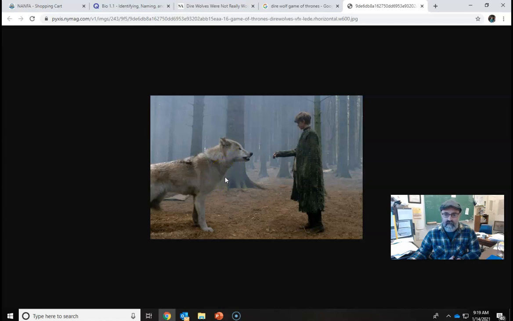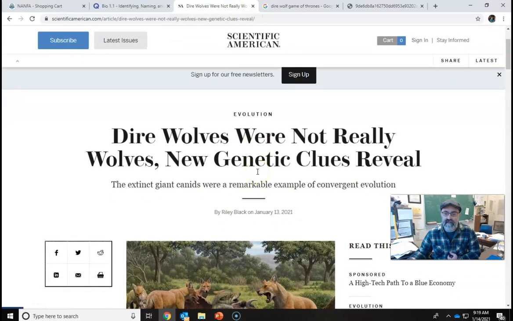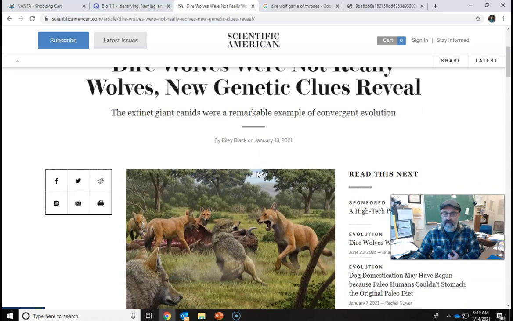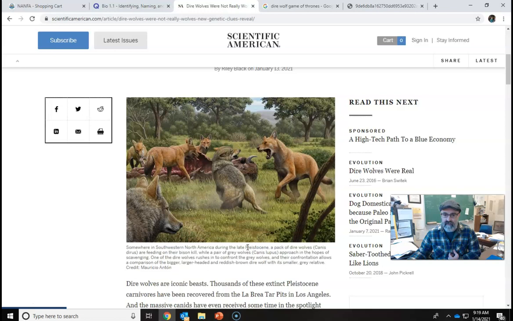But paleo scientists were able to lift DNA from wolves and actually sequence a genome of 5 different dire wolves, and they used that to build a phylogenetic tree and to see the relatedness of this extinct species to the extant, or living, gray wolf. And it looks like dire wolves were not wolves at all, right? I don't know which is which in here, but let's see, a pack of dire wolves are feeding.